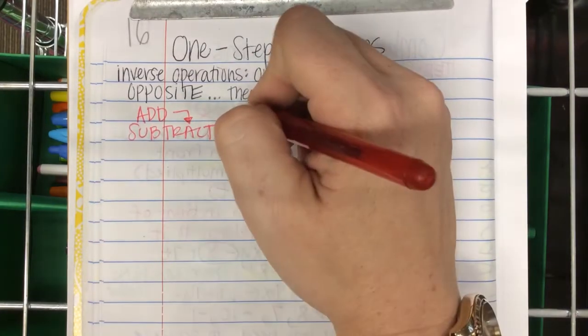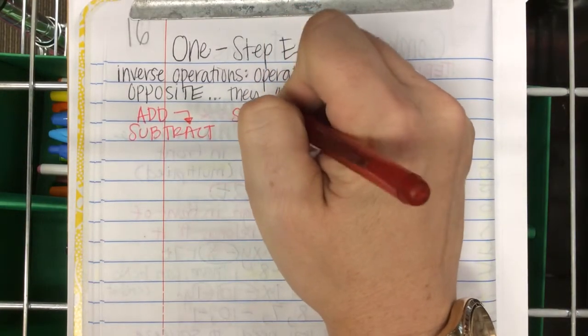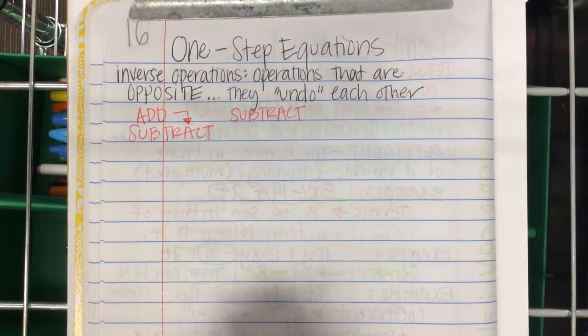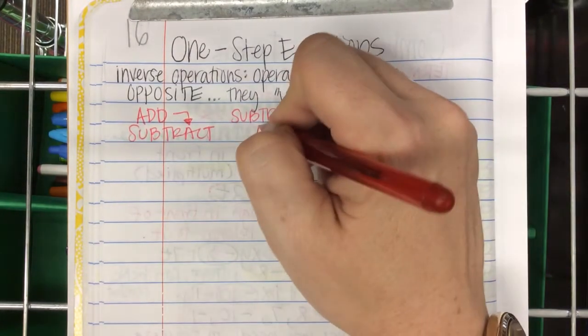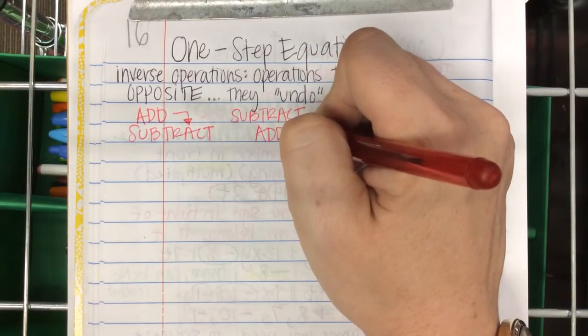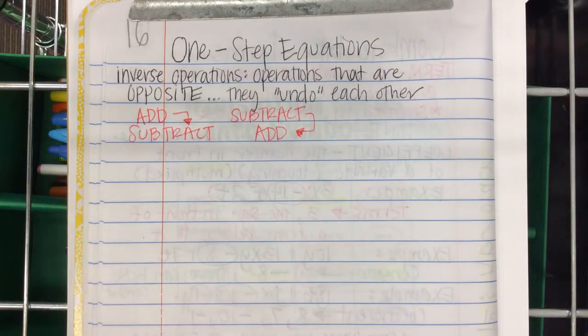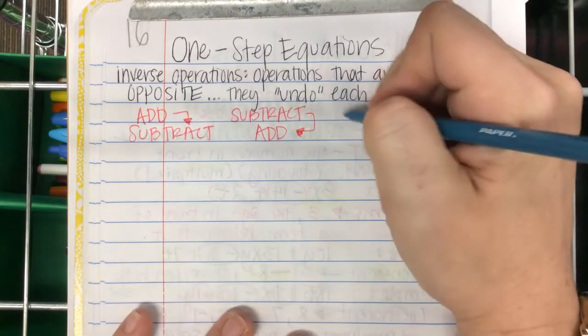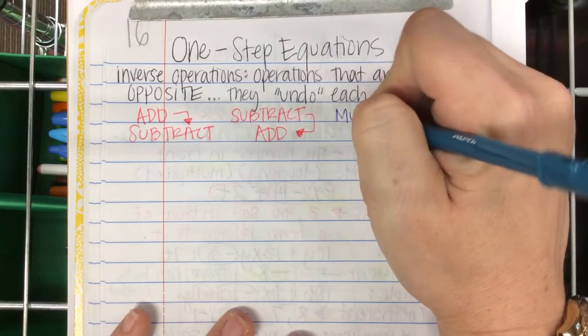If it's a subtraction problem, what are you going to do to undo that? Add. They're opposites of each other. What if it's a multiplication problem?